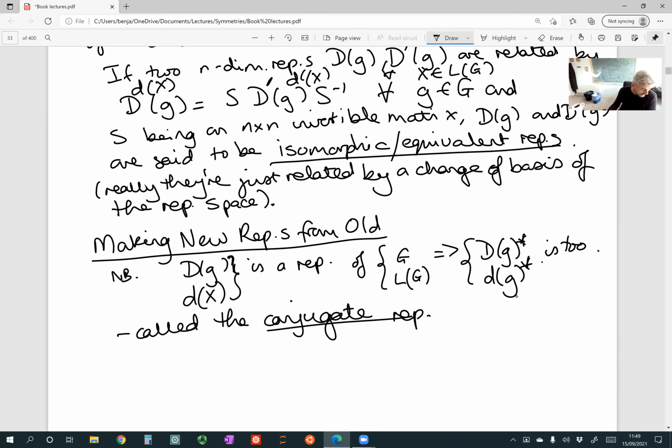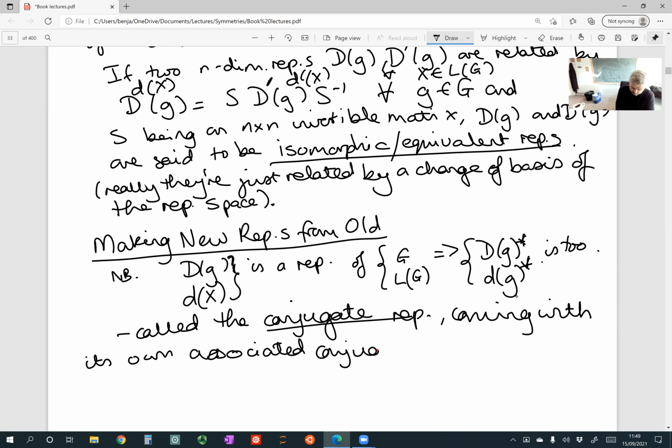It comes with its own associated conjugate representation space. We'll call this V bar, so if V was the original representation space, V bar is the complex conjugate of it.